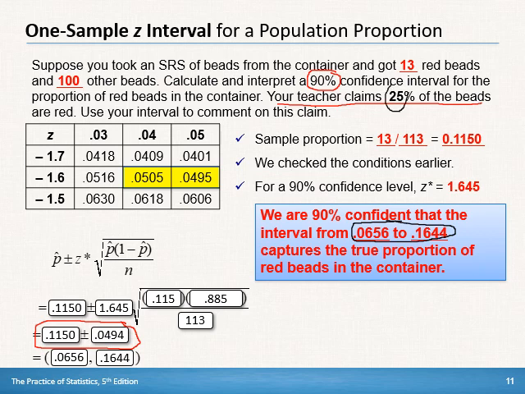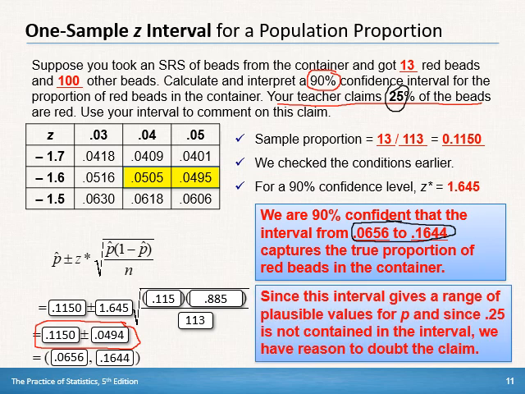Well, 25 is not in that interval. So that would mean that our confidence interval does not support your teacher's claim that 25% of the beads are red. Since the interval gives a range of plausible values, that's what a confidence interval does, gives us a range of plausible values for the parameter, in this case p, and since 25% is not contained in the interval, it does not support that claim. So we have reason to doubt your teacher's claim that 25% of the beads are red.